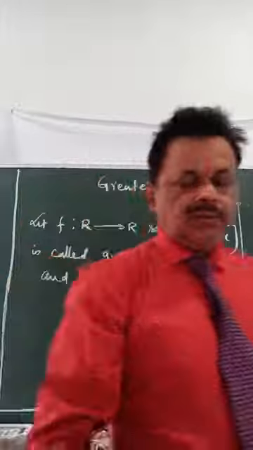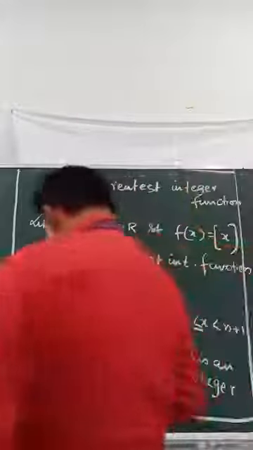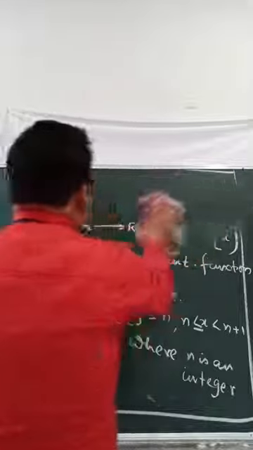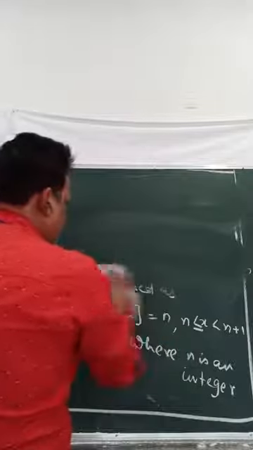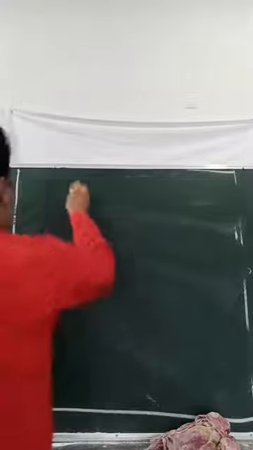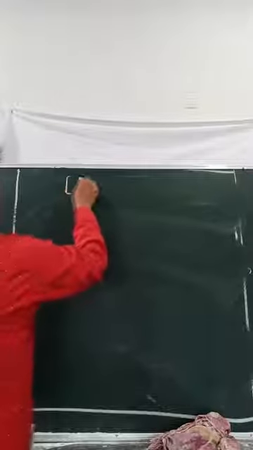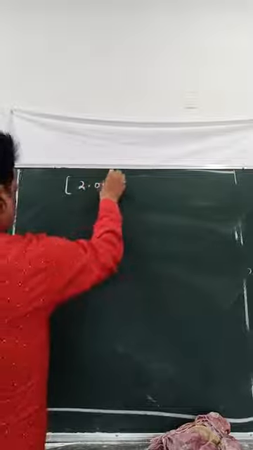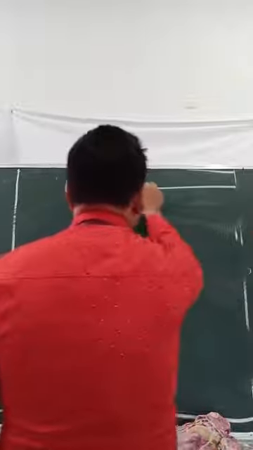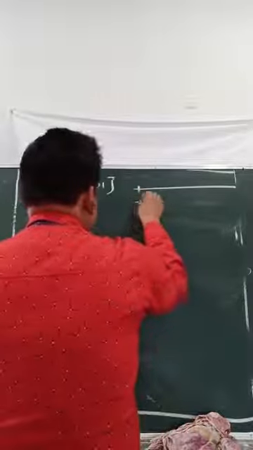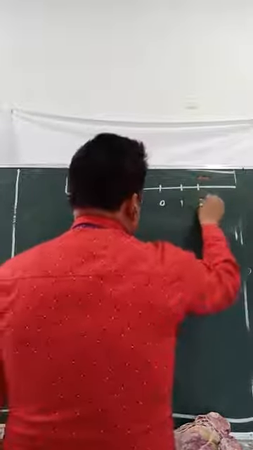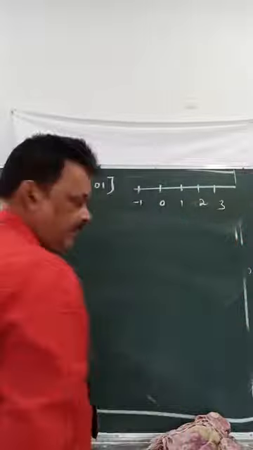So, how to define it? Look at it. Suppose I have 2.01. For that you should have a number line. This is, suppose, minus 1, 0, 1, 2, 3 and so on.